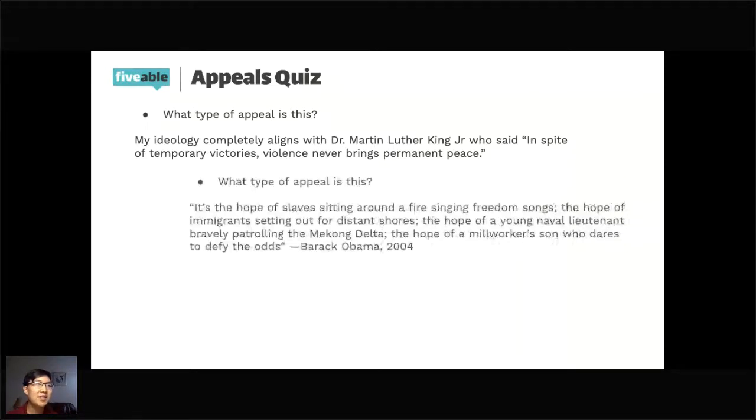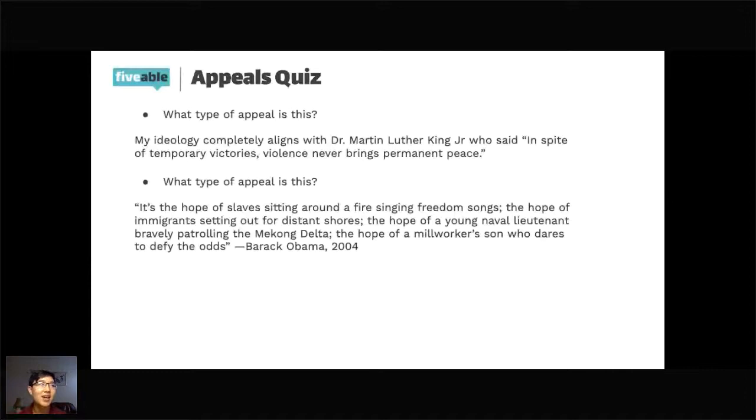It's the hope of slaves sitting around a fire singing freedom songs, the hope of immigrants setting out for distant shores, the hope of a young naval lieutenant bravely patrolling the Mekong Delta, by Barack Obama. Is that ethos, logos, or pathos? Yep, that's correct.